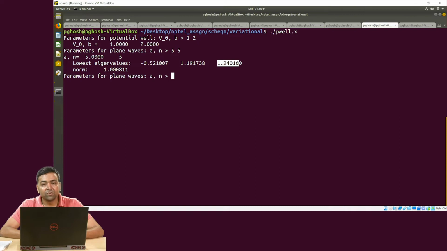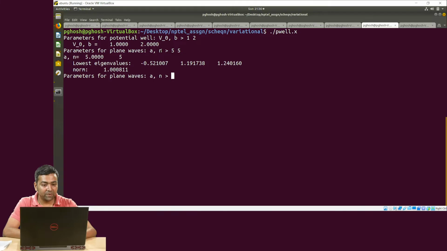If you remember, the potential which I am using is an attractive potential, so we should have at least one bound state. And from our solutions, we see that we are getting one bound state, and then there are 2 unbound states here.